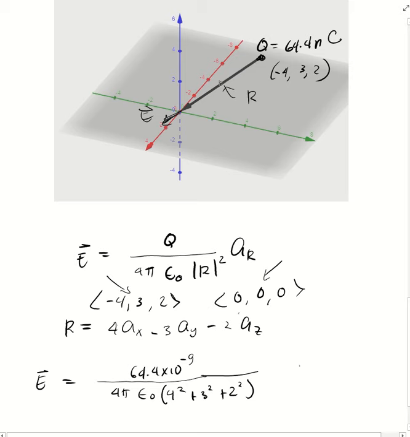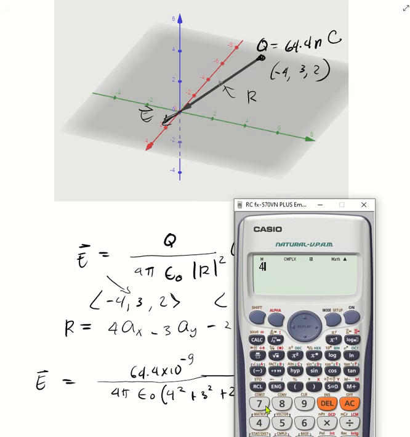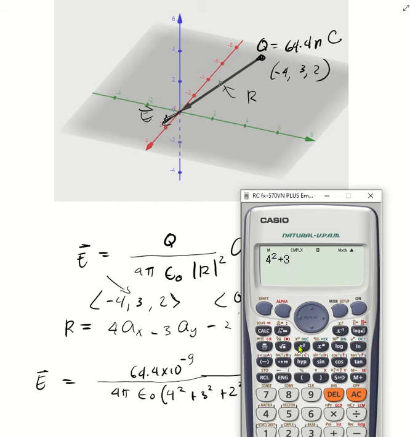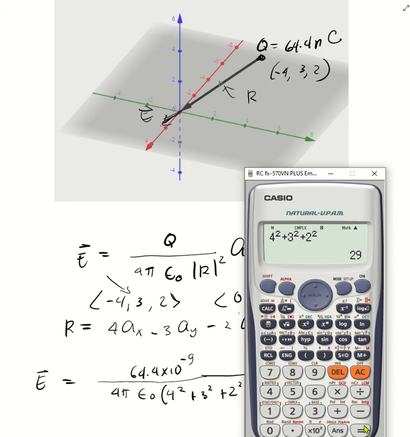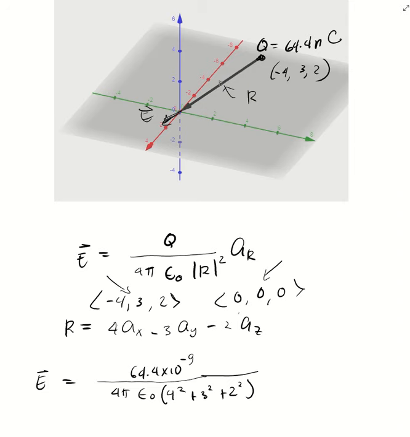You square root, then you square that, so I just cancel out the square and the square root. So it's just 4 squared plus 3 squared plus 2 squared, and that's equal to 29. Then AR, you multiply this with the unit vector. What's the unit vector? AR.